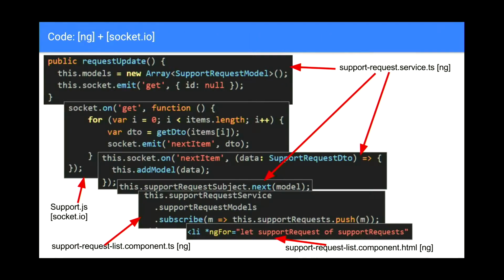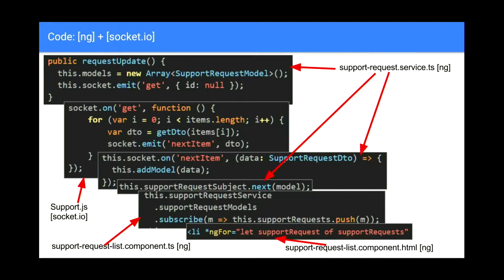Okay, and this is really just a lot of what I've already shown you, but it shows it in the order that it happens. If I load the page, I request an update, and it sends the get. On the server side, it iterates through the items and calls next item. On the component TypeScript side, it responds to next item by adding the model to the support request subject.